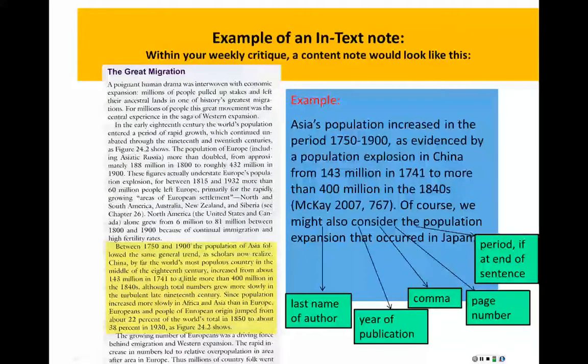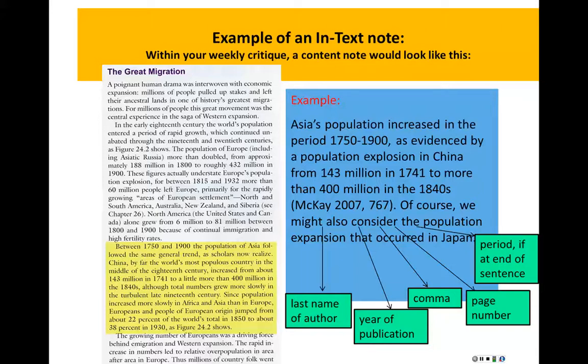If you were doing something like this, that is, you highlighted this portion of a book and you said, I'm going to paraphrase the information here. Now, since the information here contains dates and statistics and data that the common Joe or Jean walking down the street would not know off the top of their head, you need to cite this in an in-text note.